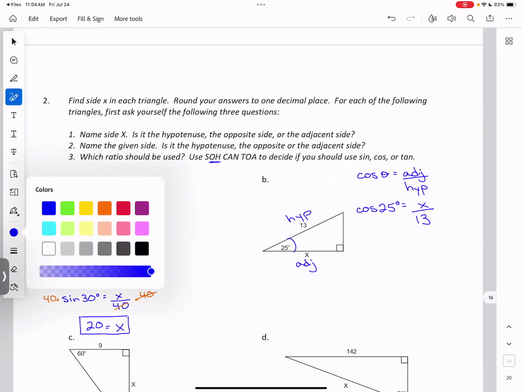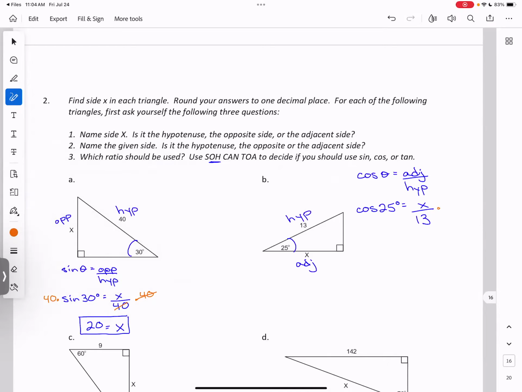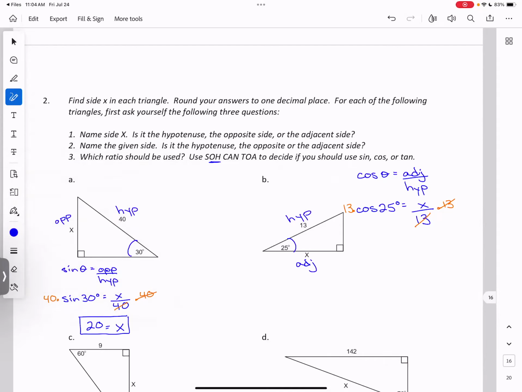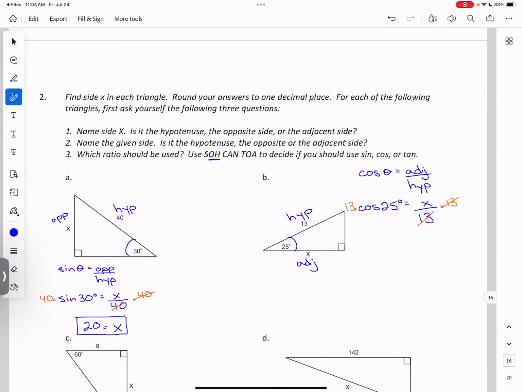And then we want to solve for x, so we're going to multiply both sides by 13, or cross multiply and bring that 13 over as you wish. And so we have 13 times cosine 25, and to 1 decimal place, that gives me 11.8.